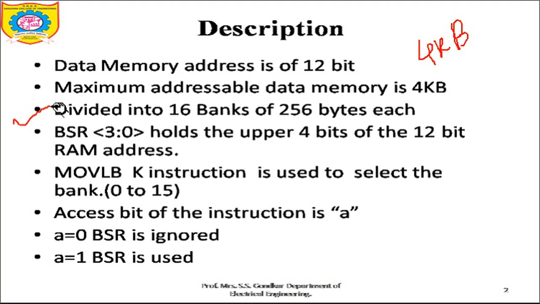So the BSR holds bits 0 to 3. It means these are 4 bits. These are the upper bits, and the remaining 12 bits will have the address of RAM.